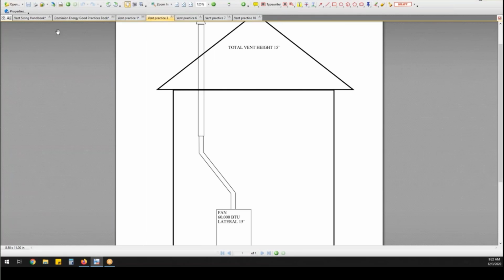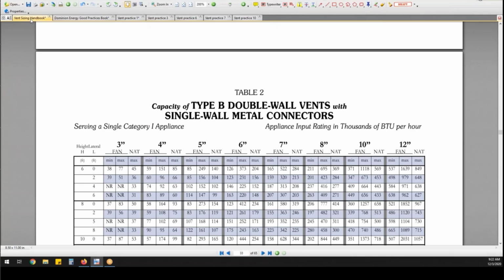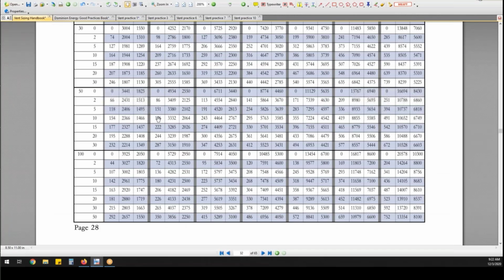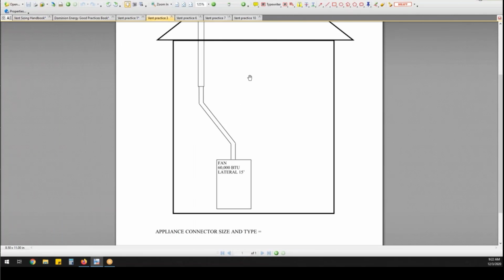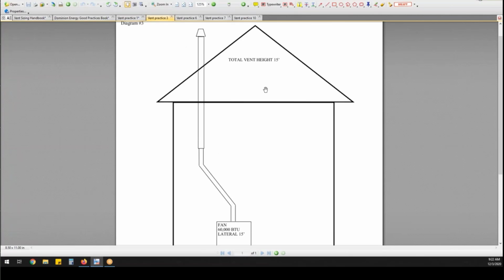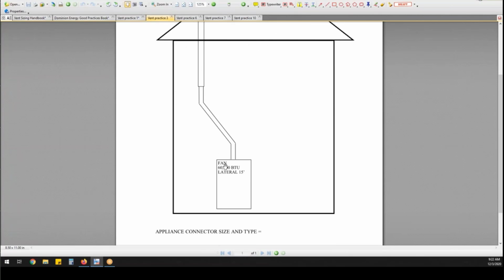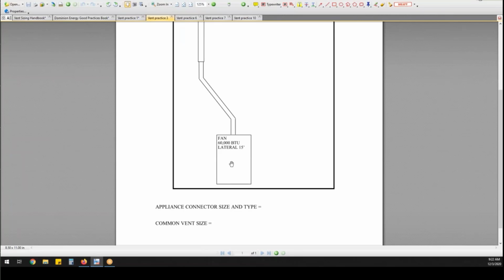So again, we're going to go to the sizing handbook, working with a single category 1 appliance. We're going to be in table 1. I've got a total height, but now I'm dealing with a fan assisted appliance, 60,000 BTUs and a 15-foot lateral.